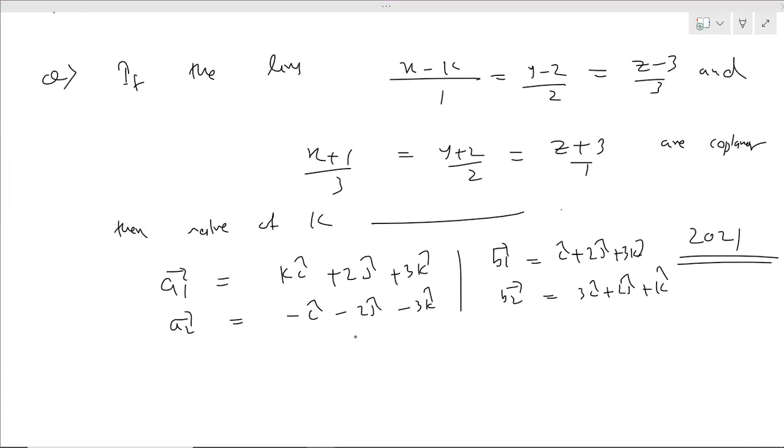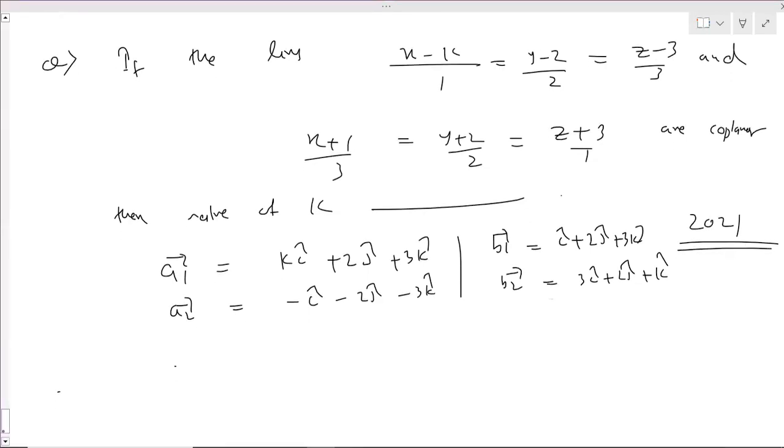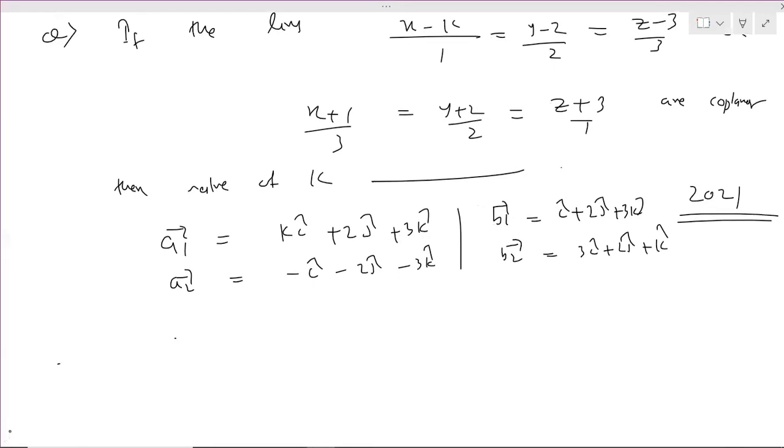No, Marita, the answer is not matching. Let's see. A2 minus A1, so this is minus 1 minus k plus minus 4j minus 6k. No, 3 is also not correct.